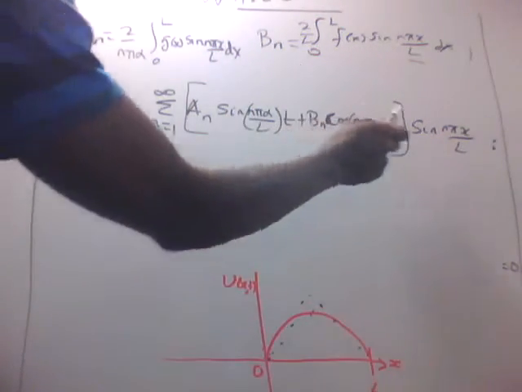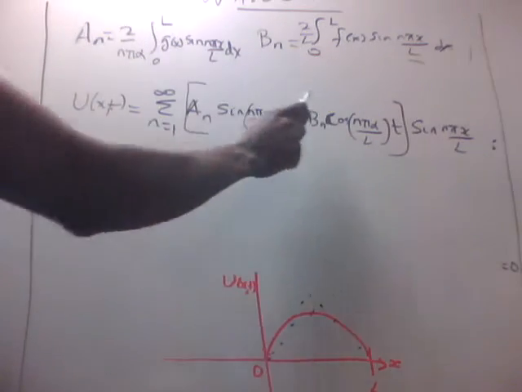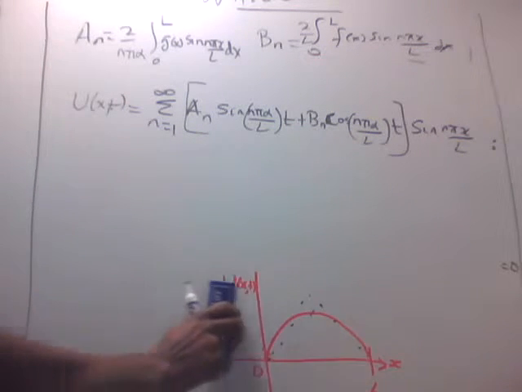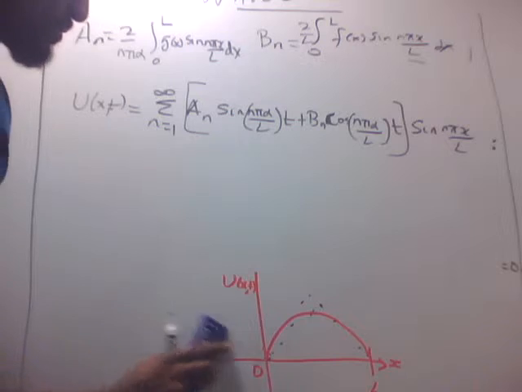Everything has been determined from the boundary conditions now. We have our a_n and our b_n as this. Okay, so this here is the full solution of our wave equation.